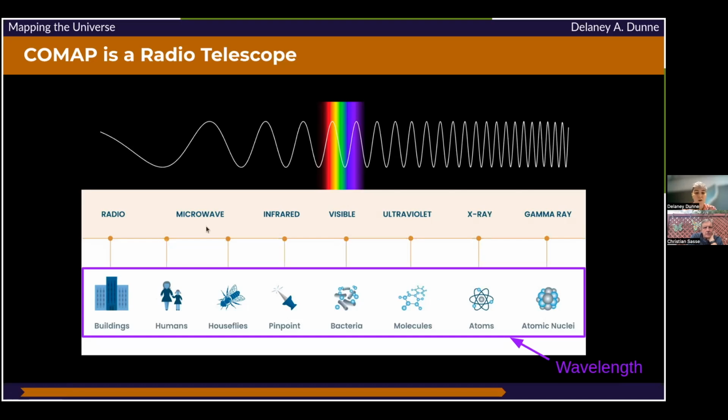And so you'll notice this says microwave in this little diagram I have. That's just because astronomers are kind of lazy and we tend to group stuff together. And so basically anything below the infrared, we consider radio when we're talking about it. And so COMAP is falling right about here, but it's still light. It's just like visible light we see with our eyes.